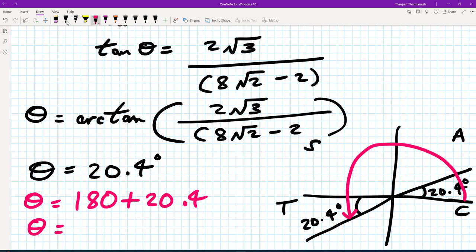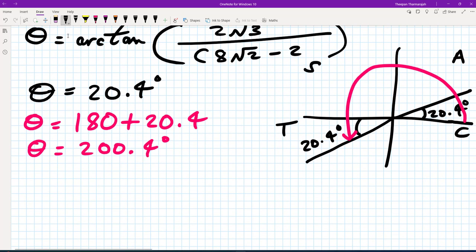So theta, 20.4 plus 180 gives me 200.4 degrees. So we can say our solution set.